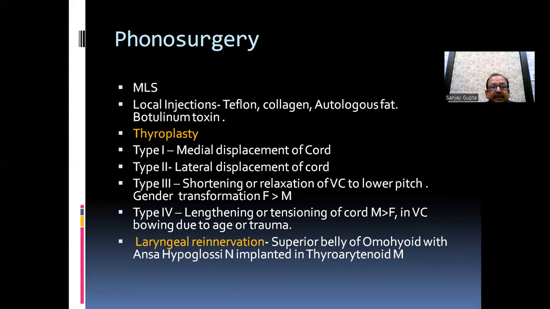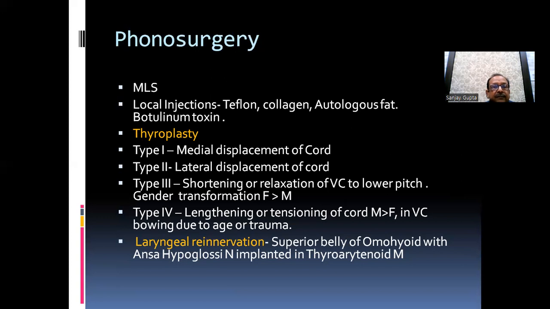Now this type 3 thyroplasty is done in gender transformation operation from female to male, from the female voice which is high pitched to a male voice which is low pitched. So you need to shorten the vocal cord or relax the vocal cord.